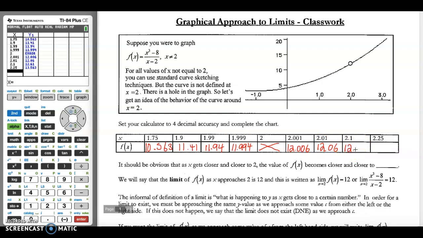So as our x values get closer and closer to 2, what does it look like our y values get closer and closer to? Hopefully, as you're saying this, they look like they get closer and closer to the number 12.